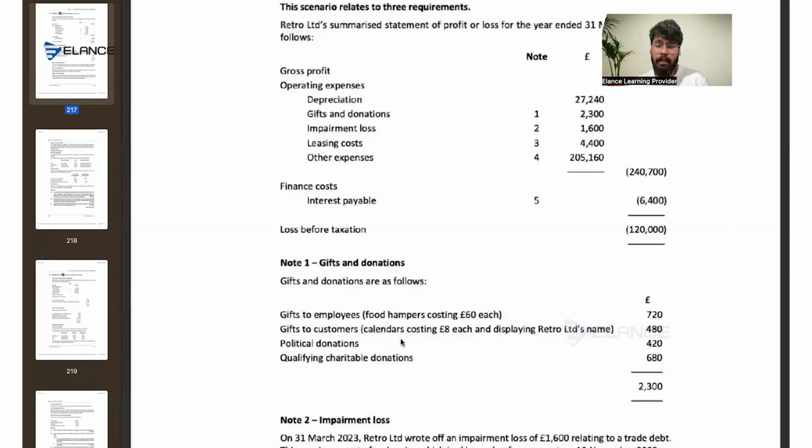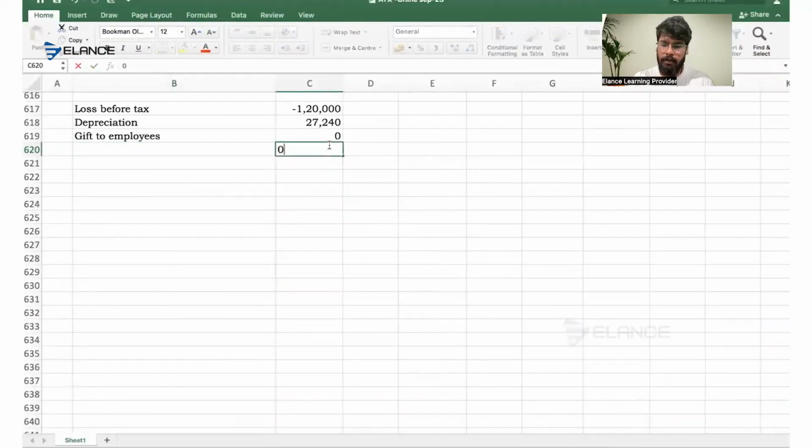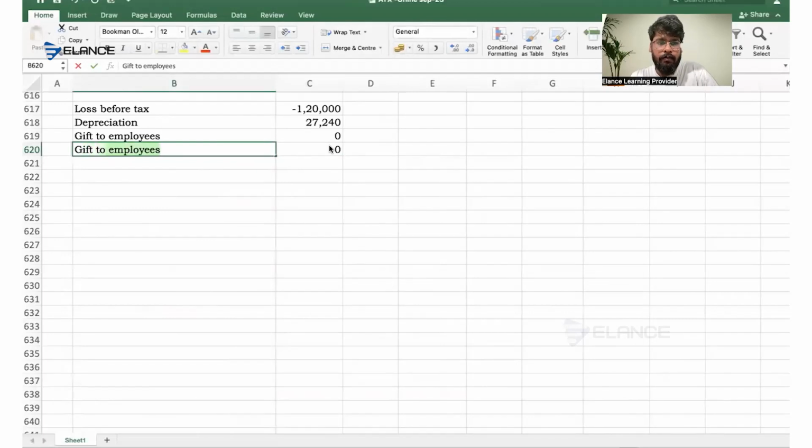And it's displaying the company's name, so it is given for the purpose of advertisement. All the three criteria are met. So this 480 will be an allowable expenditure.